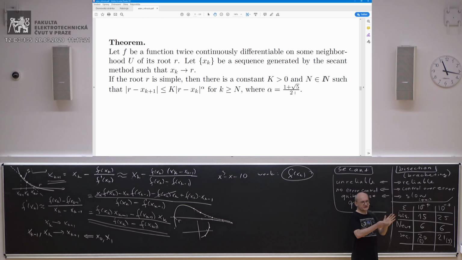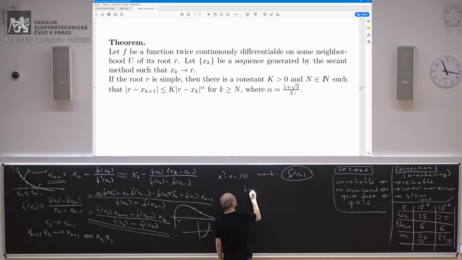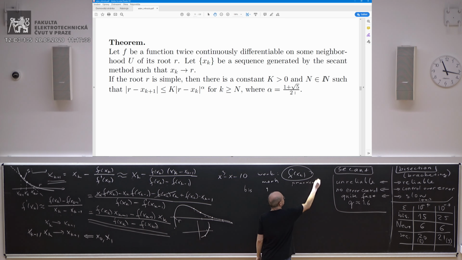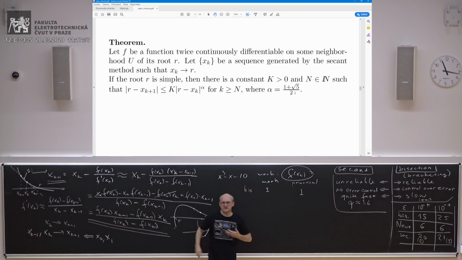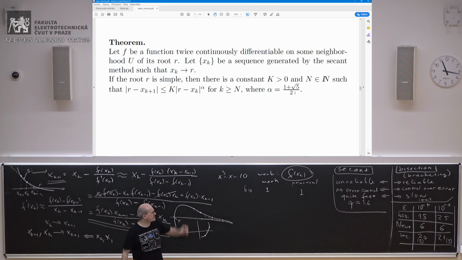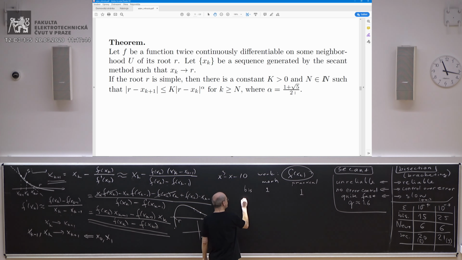You find the middle, which is a very simple algebraic operation, and then you substitute into a function. So for the bisection method, the mathematical order is 1, and the practical order is also 1. This practical order doesn't have an official name. That's my name for it. But it's a viewpoint which is really very useful. How about the secant method?